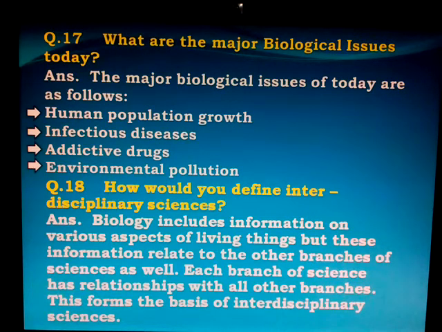Each branch of science has relationships with all other branches. This forms the basis of interdisciplinary sciences. We discussed this during MCQs, and before that when I was explaining the relationship of biology with other subjects, I explained this question very clearly.